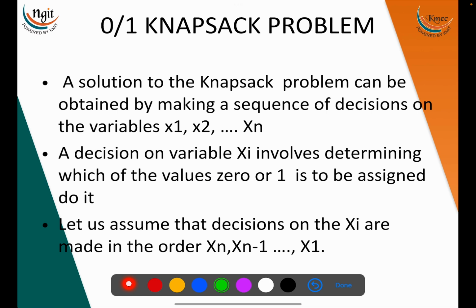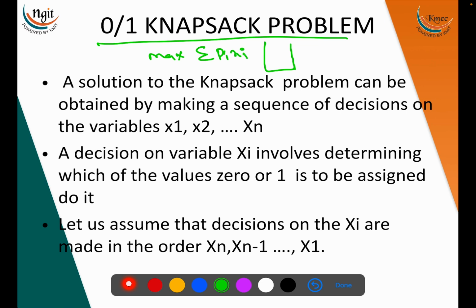Now let's get started to understand what the 0/1 knapsack problem is. A knapsack is a container or a bag. In this bag we want to place some items, keeping in mind two constraints. First, the profit should be maximum: when you place the set of objects in this bag, the sum of all the profits of the items should be maximum.